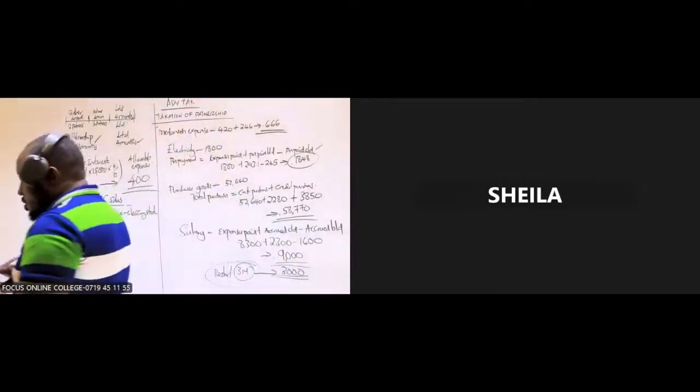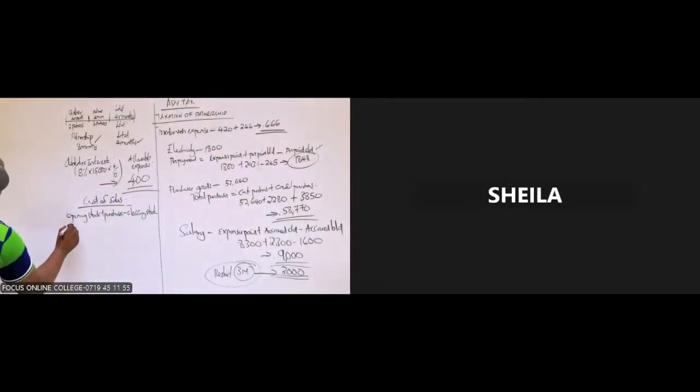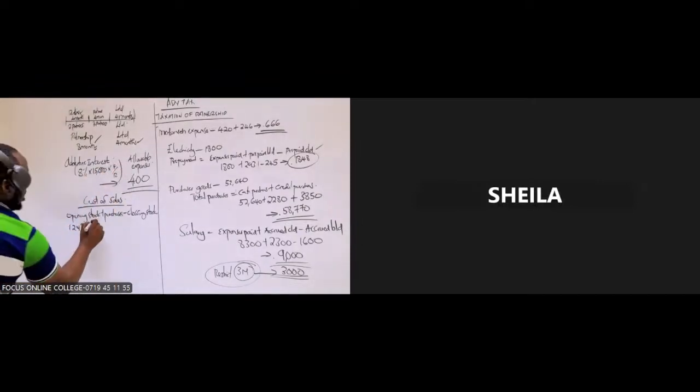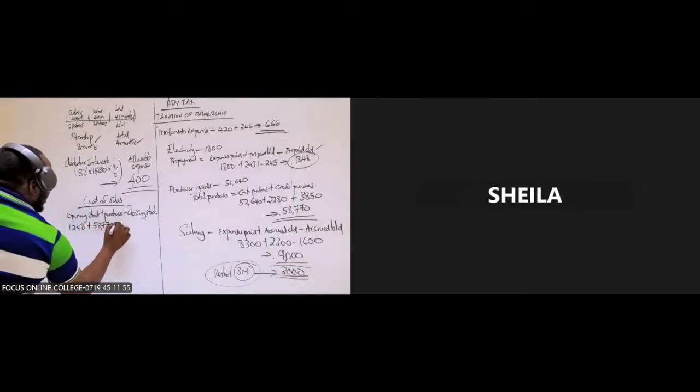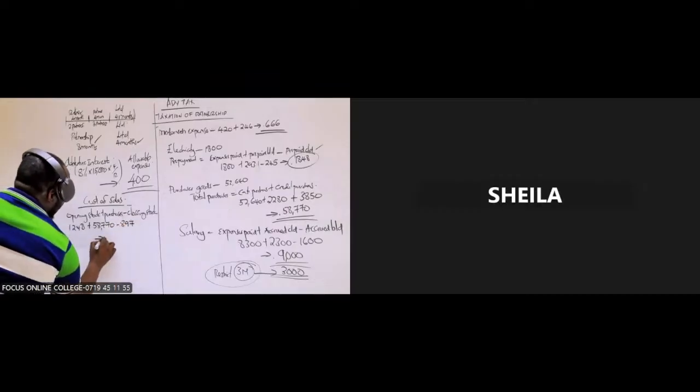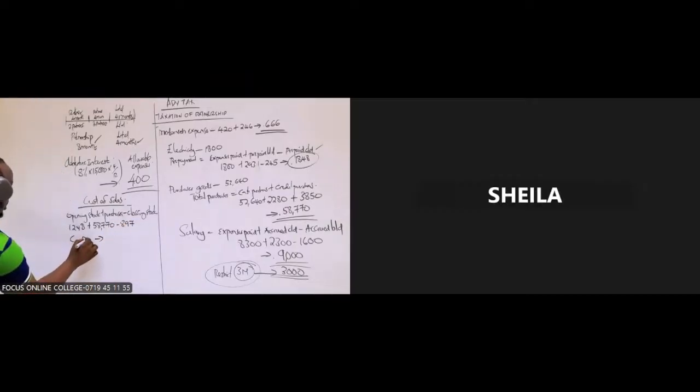So the cost of goods sold: opening stock is 1248, plus purchases, the figure for the purchases is 5877, then minus the closing stock, which I have as 897. So what is the cost of goods sold?